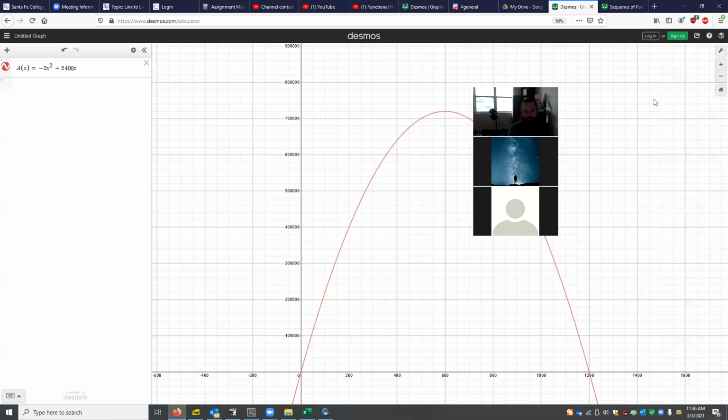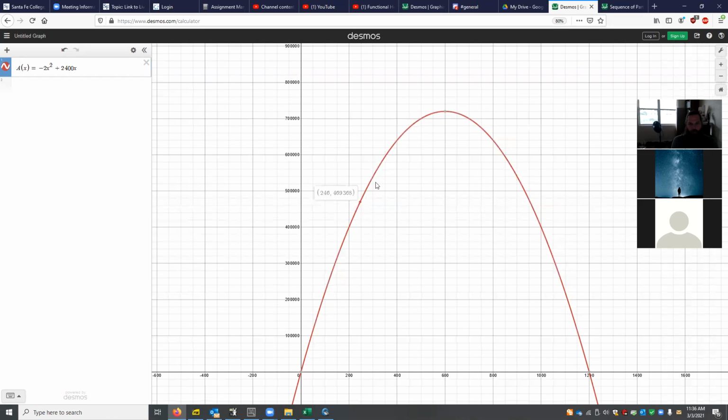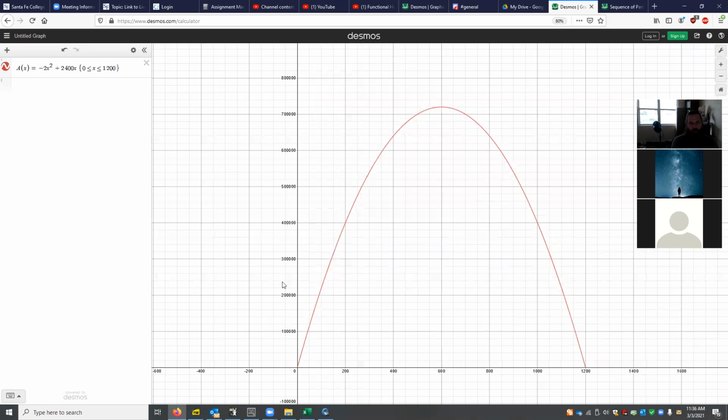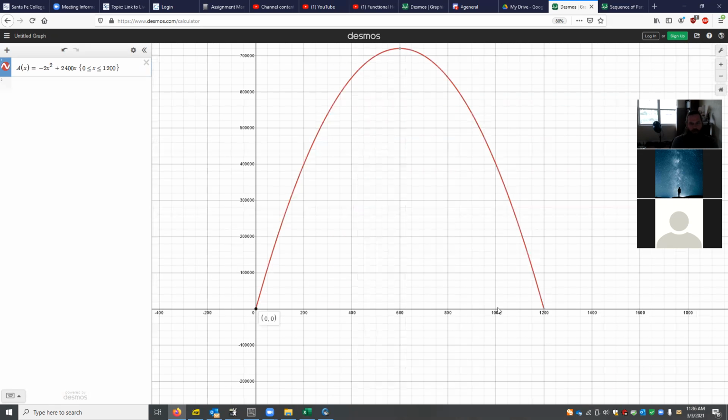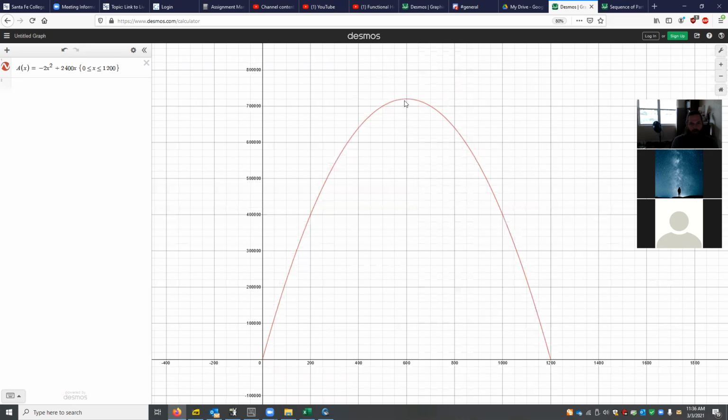So there we go. So here's the function A of x, and this guy definitely does have an absolute max. If we restrict to the interval 0 less than or equal to x less than or equal to 1200, he also has an absolute min, right? The absolute min is 0 and it occurs here and here. But the thing we're looking for was this.